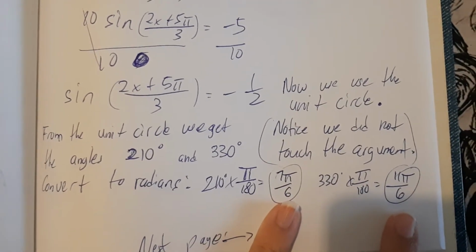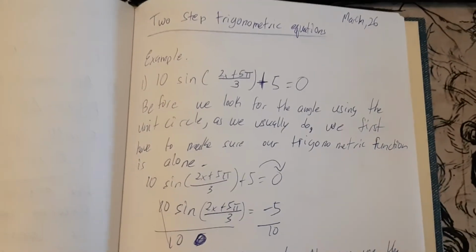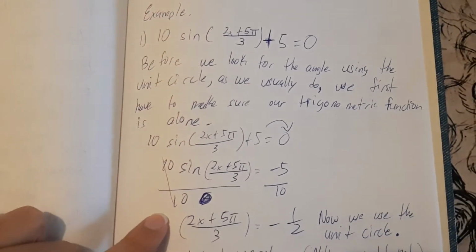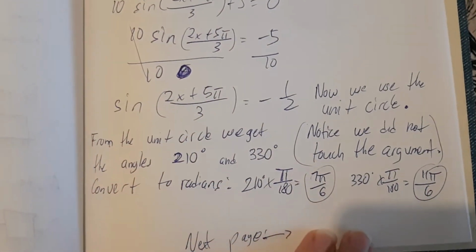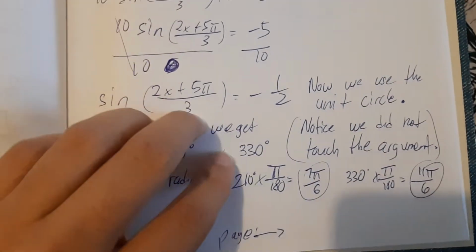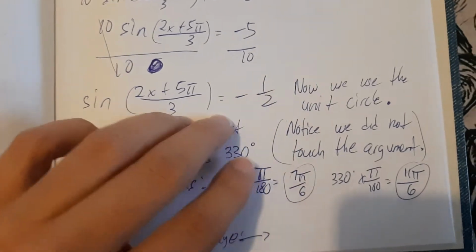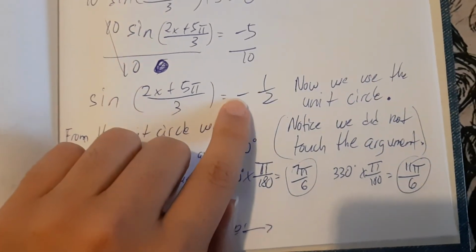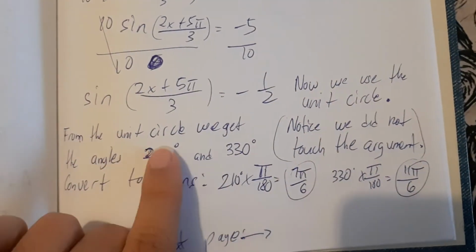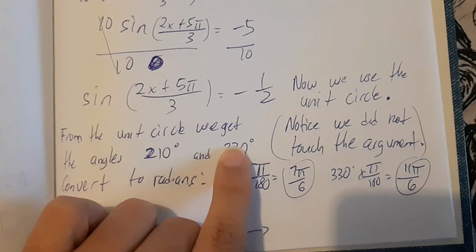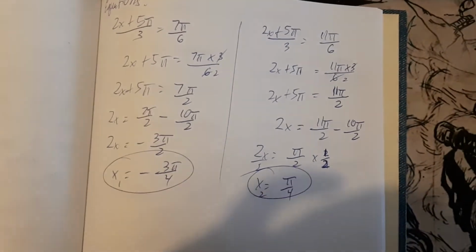So the only new thing that we are seeing is these steps right here. Everything else is exactly as we have done before. So now that we have our two radian angles, we move over to the next step. Notice that because this is negative, that's why we choose 210 and 330.